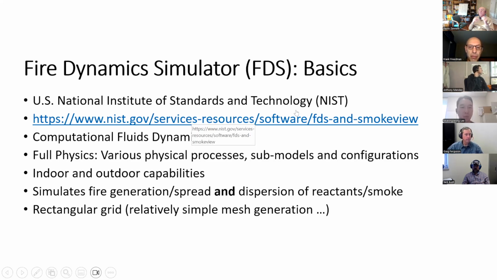I talked about CFD. It's from the National NIST, and here's a web link for it. It has indoor and outdoor capabilities, simulates fire generation, spread, and dispersion. It works on a mesh, since it's CFD, you have a 3D mesh.